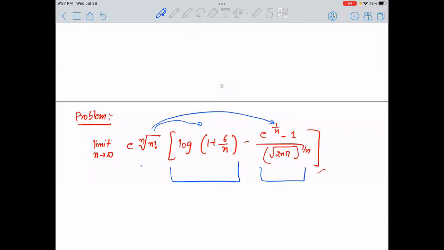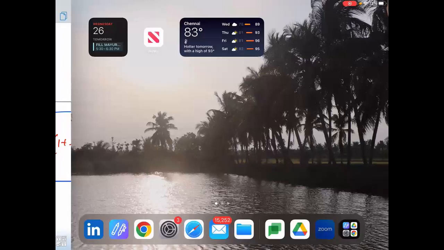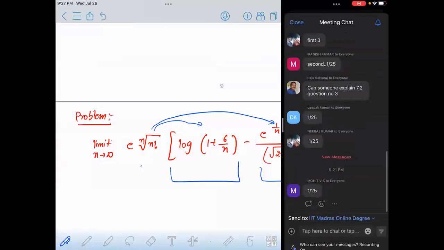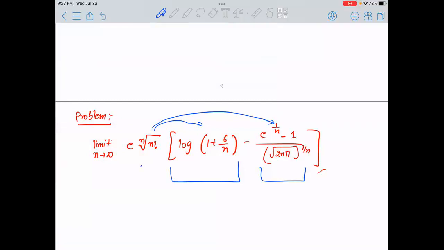Just break them up. Sir, is n tending to infinity? Yeah, understand.